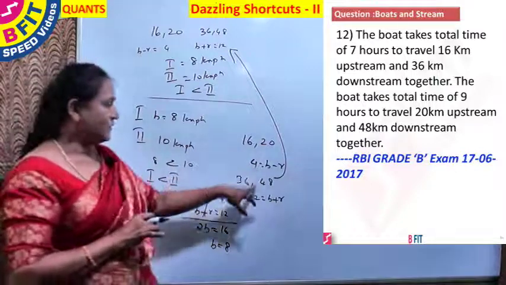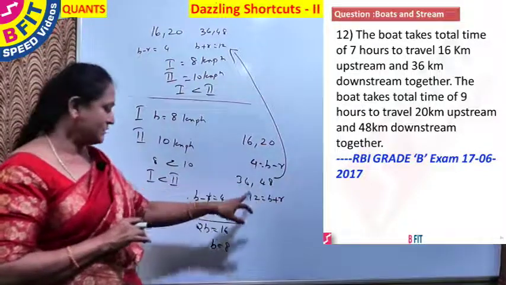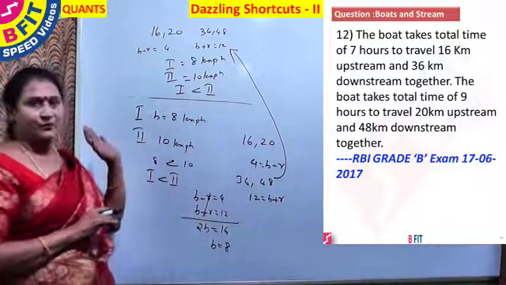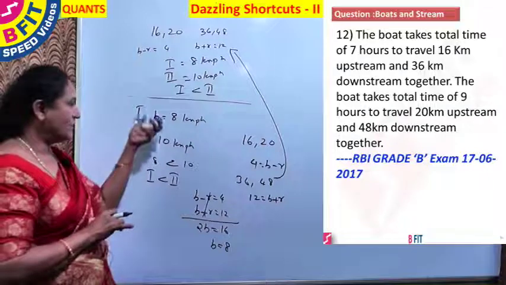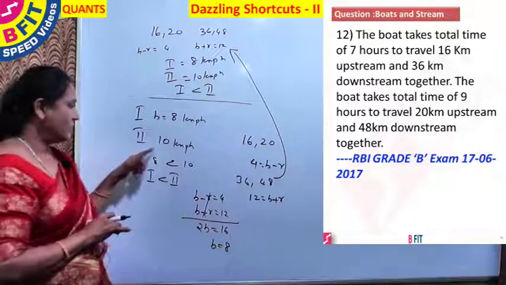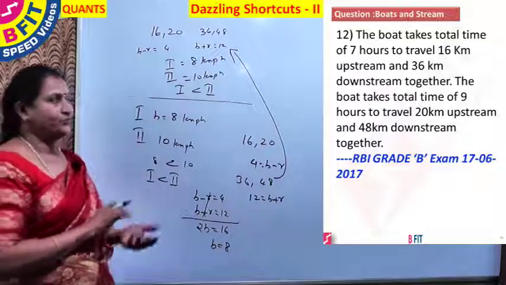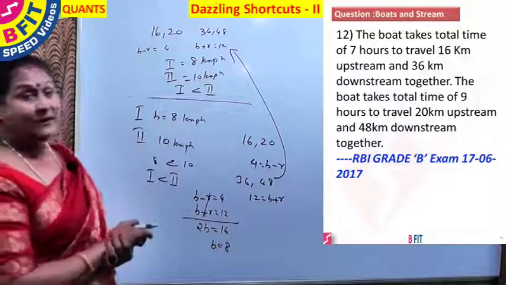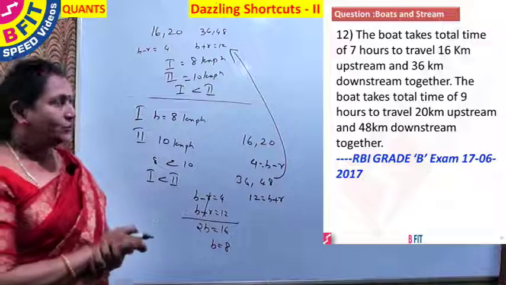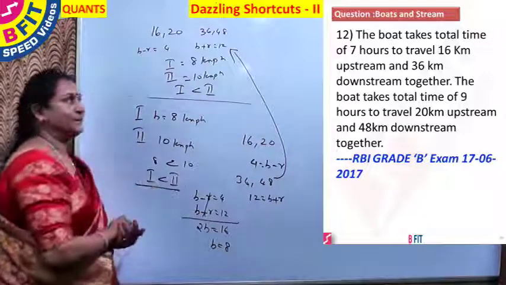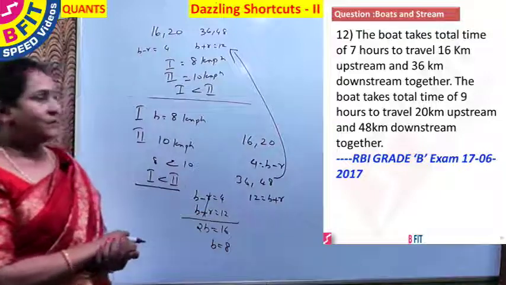And now taking the upstream speed and downstream speed, adding and dividing by 2, we get the speed of the boat. For this question, quantity 1 is the speed of the boat, quantity 2 is the absolute value, so 8 is lesser than 10. So option 1, quantity 1 is less than quantity 2. So go for the option where you have this inequality. Now we'll go to the next question.